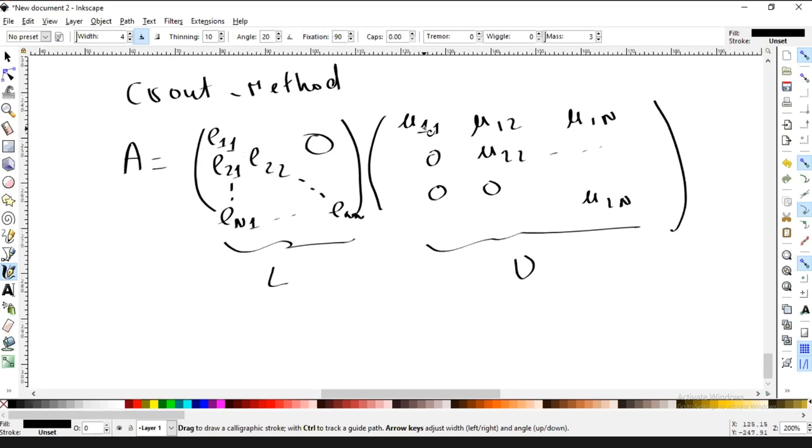You can put ones either here or here, because if you divide by a constant here or multiply here by a constant, you get the same result. If you multiply your matrix K by some constant and divide the matrix L by the constant, you get the same result.